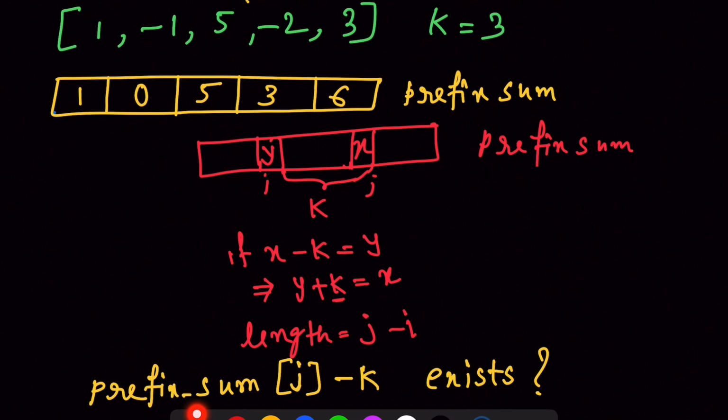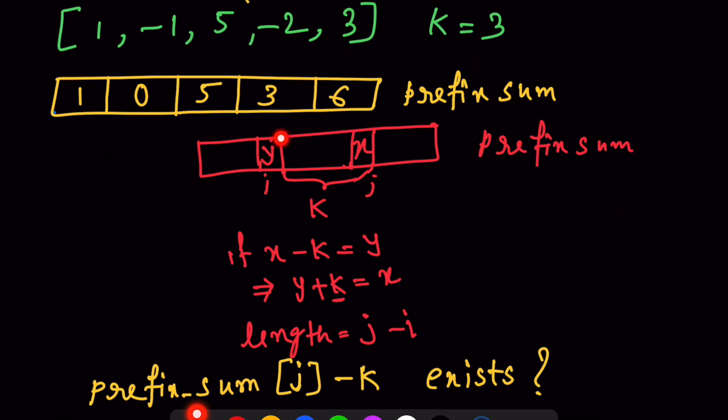Get my point? So at each index j, prefix sum of j minus k is what we will be looking for. We don't know the starting index at this moment. We are looking for subarrays ending at j, right? Earlier also we were thinking about subarrays ending at j, but we had our starting point fixed. But here, let's say I am at jth index, so I got a subarray for prefix sum of x, the sum of this part, but I want a sum of k.